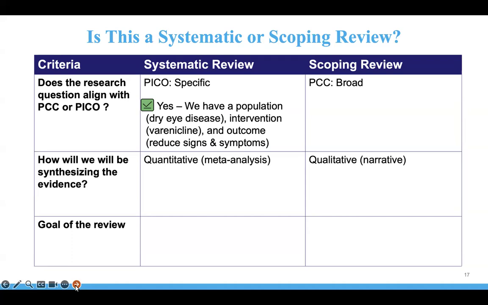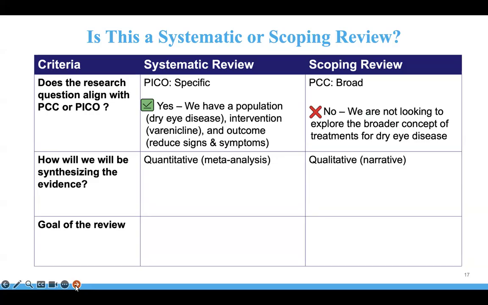So here we have a very specific population of interest, which is patients that have dry eye disease. We have our intervention, which is varenicline, and we have a very specific outcome of interest, which is to see if this intervention is going to reduce the signs and symptoms of dry eyes. Whereas with a scoping review, it's actually a bit too narrow to fit the scope of a scoping review.